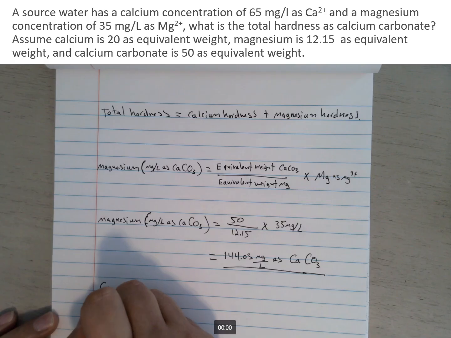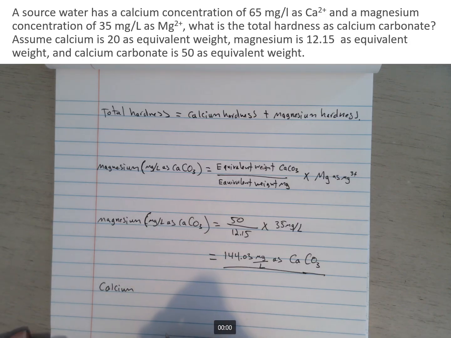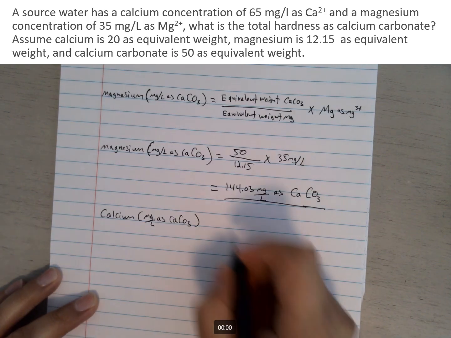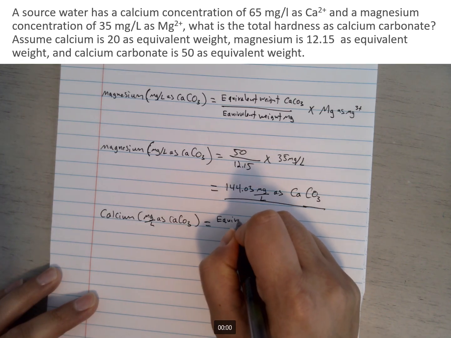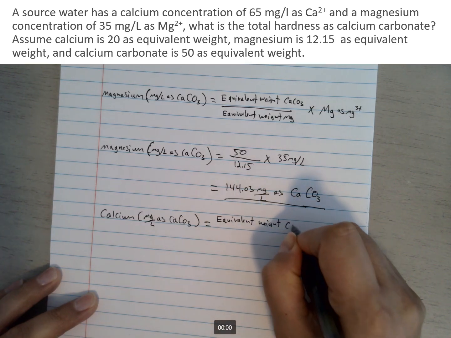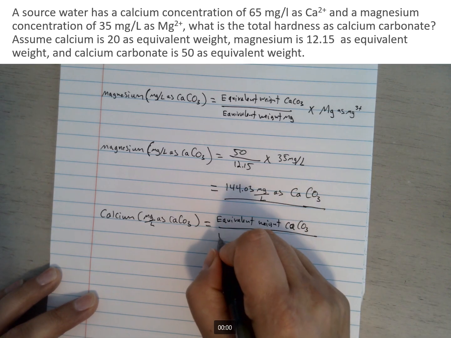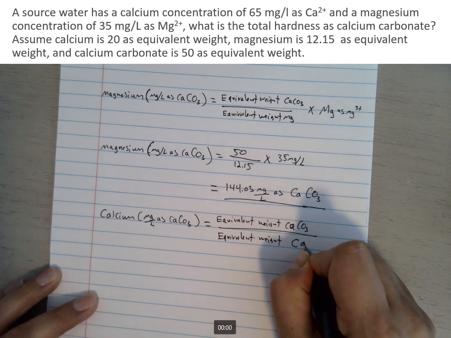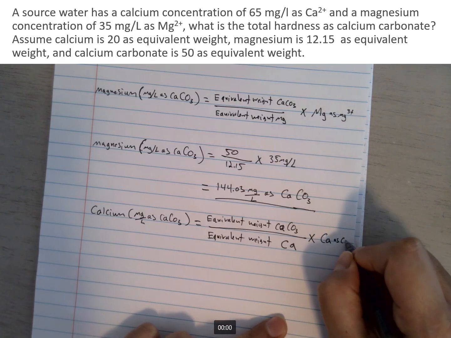With calcium, in milligrams per liter as calcium carbonate, the equation will be the equivalent weight of calcium carbonate on top divided by your equivalent weight of calcium at the bottom, multiplied by your calcium concentration as calcium ion.